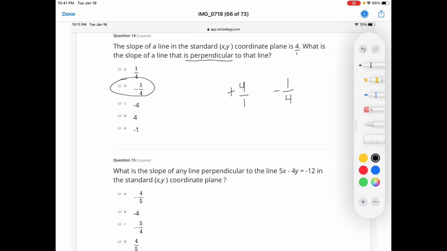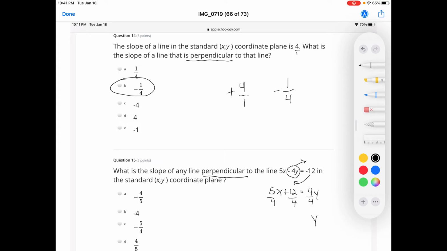And 15. What is the slope perpendicular to the line? And so we got to figure out what the slope is. So let's get the y term by itself and to be positive. So we'll have 4y on the right equals 5x plus 12, and divide everything by 4.